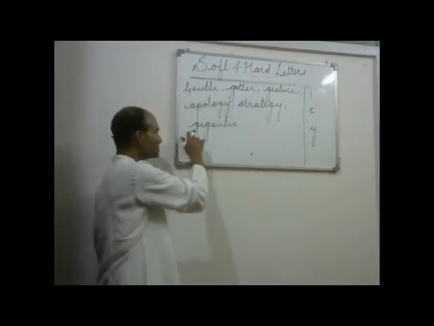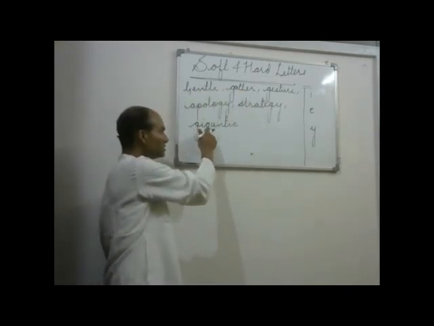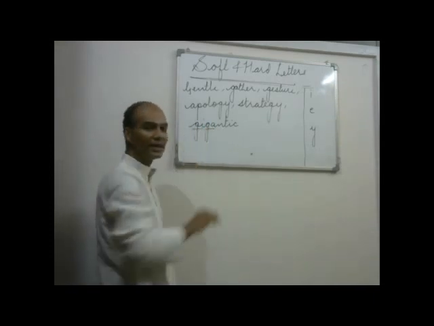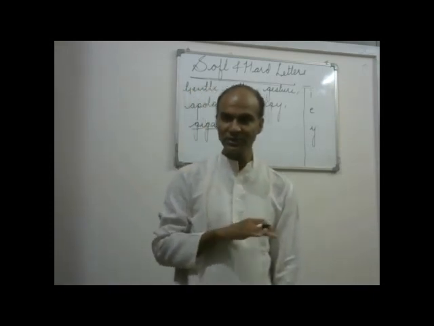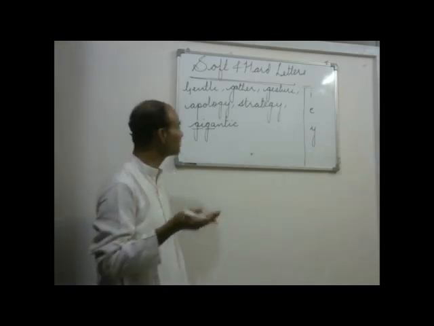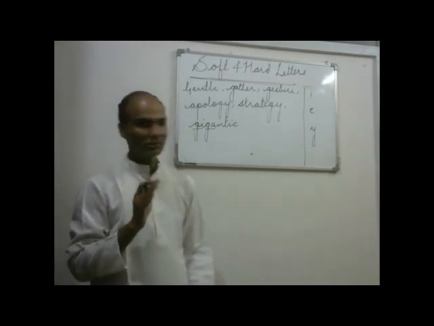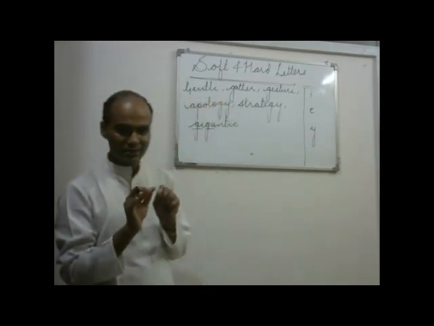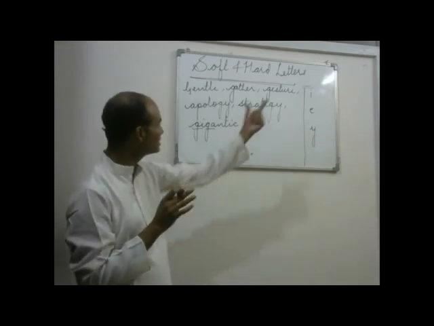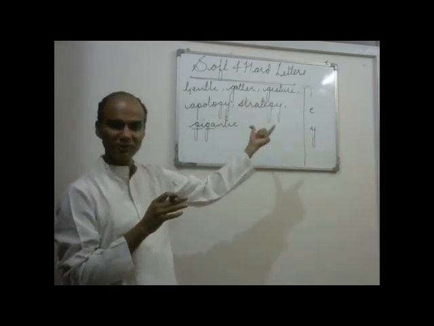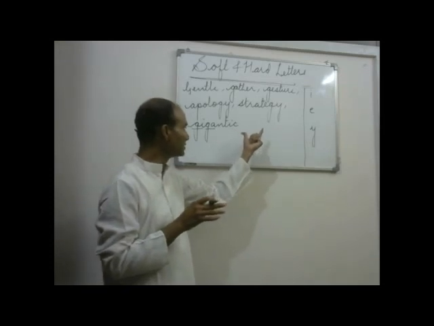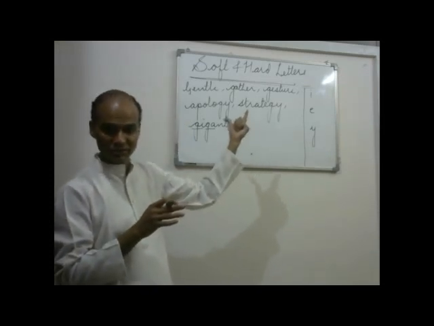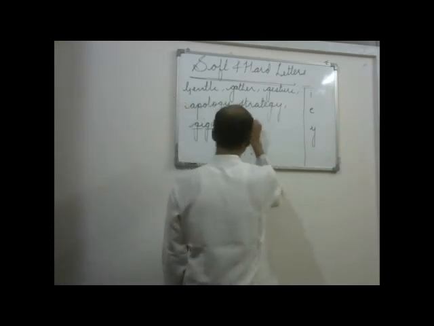Why? Because the first G is being followed by I and the second G is being followed by A. So that's why the first one is soft and the later one is hard. So the rule is quite proper here. You can see all these examples are following this rule, except there are certain exceptions to this rule as well. I must give you the exceptions.